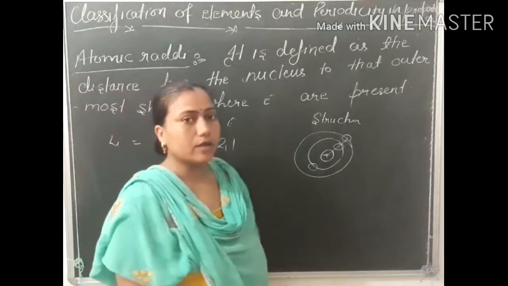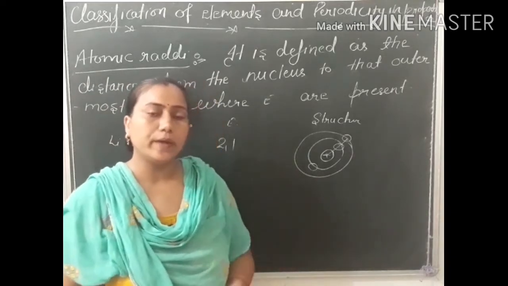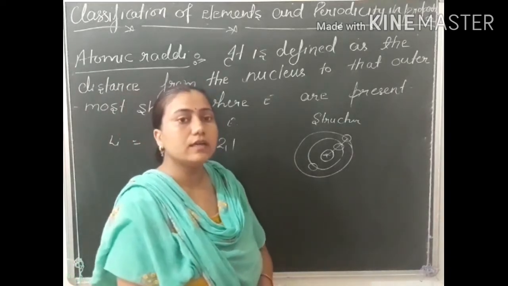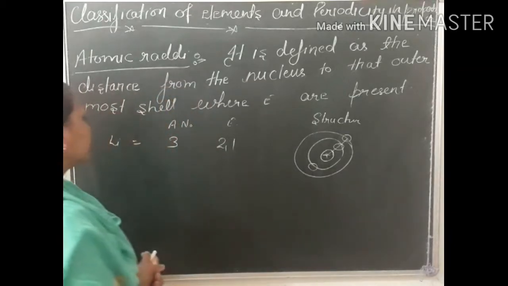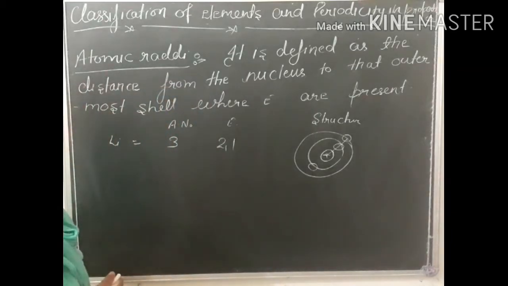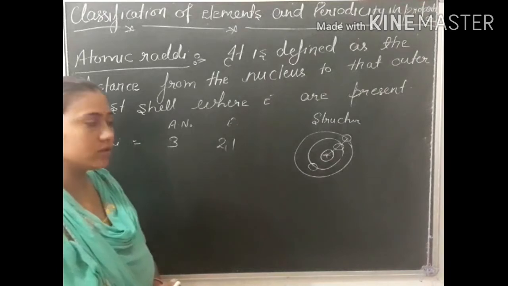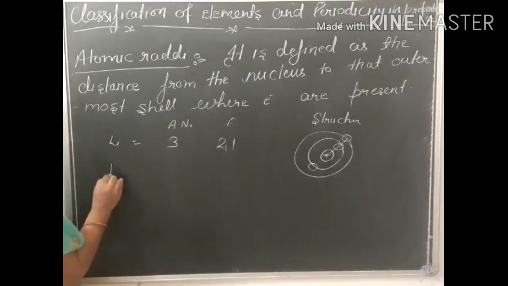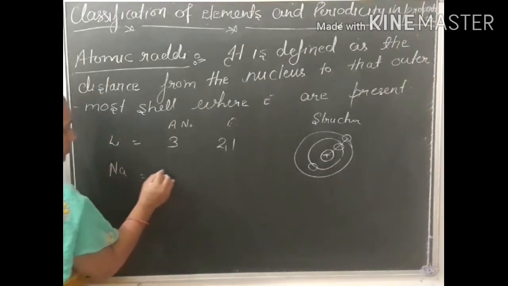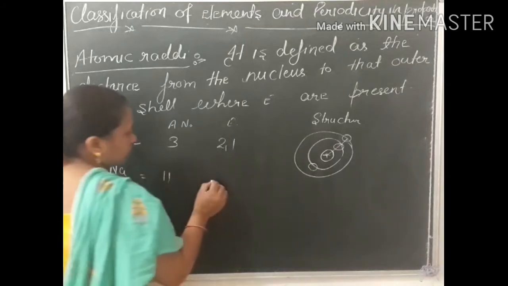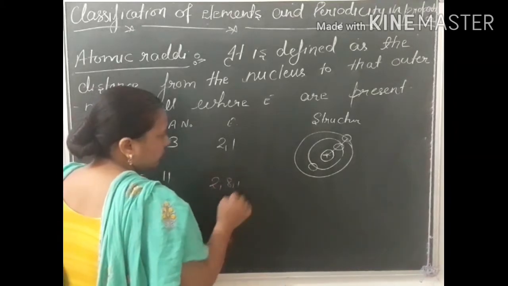And what is the effect of atomic radii in group and period? So we will discuss that. When we discuss a group, the atomic radii increase. In the case of lithium and sodium, the atomic number of sodium is 11, and the configuration is 2, 8 and 1.